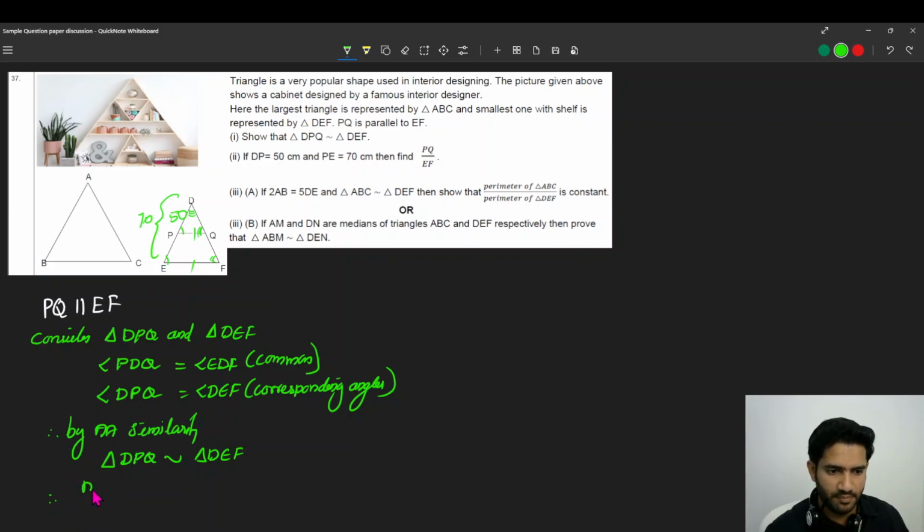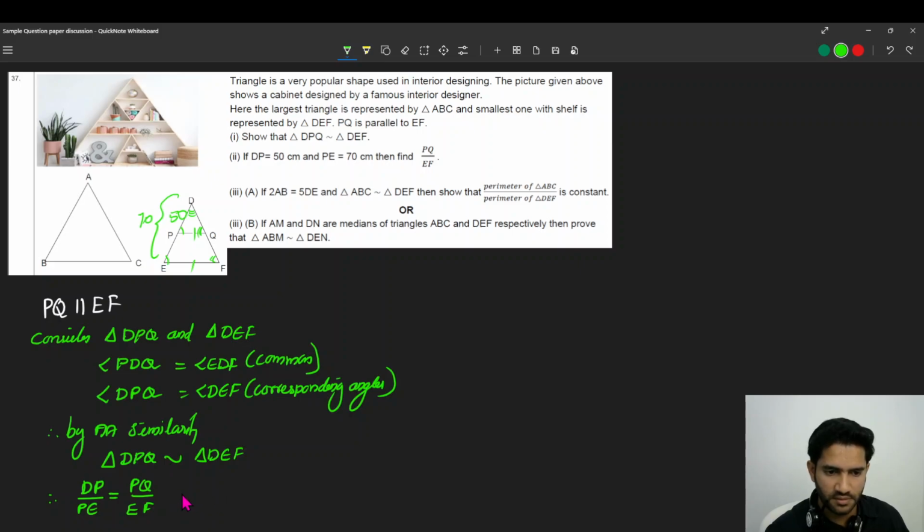That means DP by PE equal to PQ by EF. Actually, these two ratios are enough.